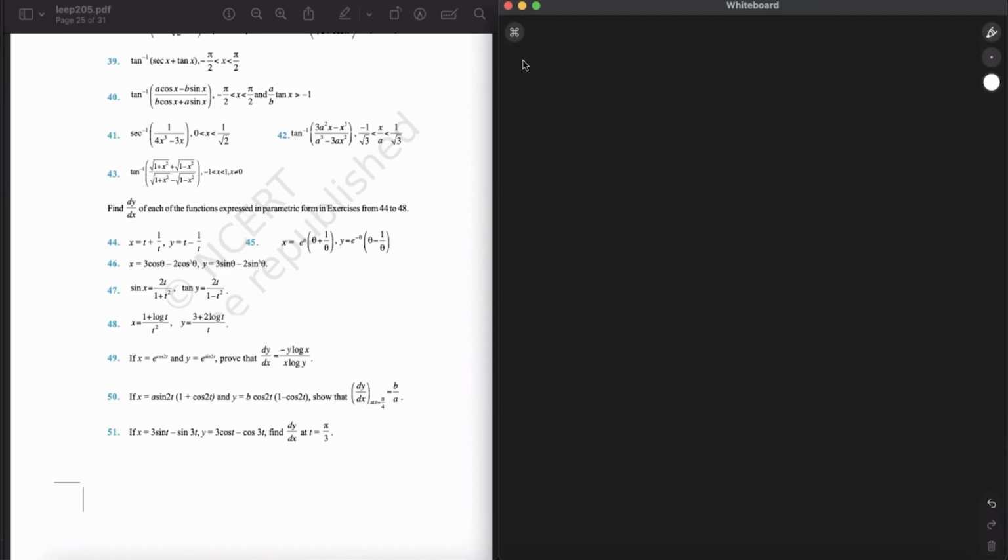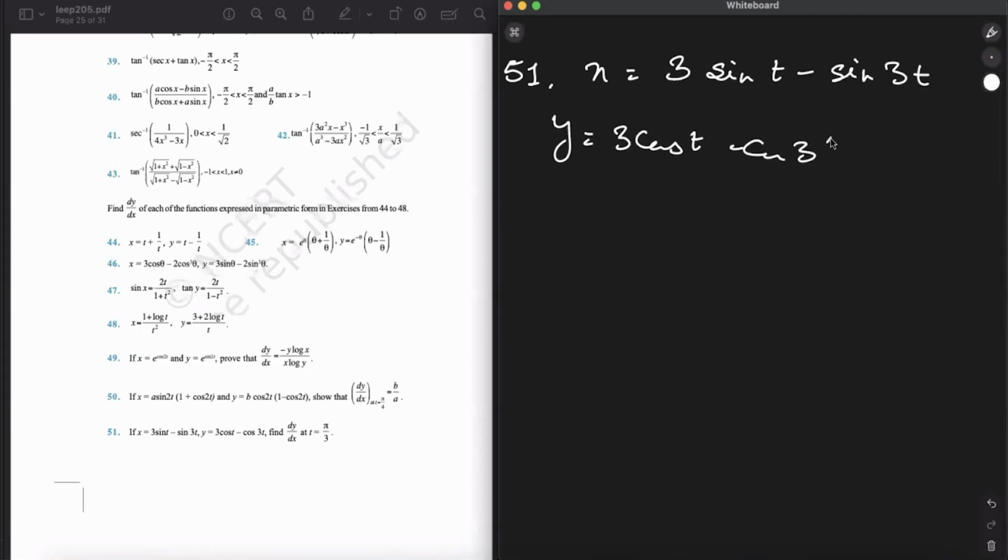Question number 51. If x is equal to 3 sine of t minus sine of 3t and y is equal to 3 cosine of t minus cosine of 3t, then find dy by dx at t equal to pi by 3.